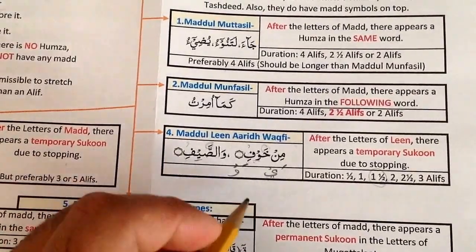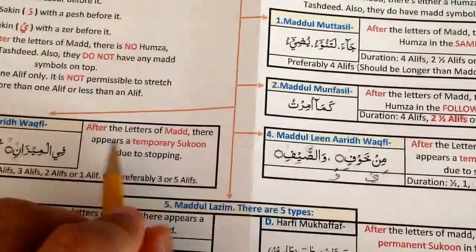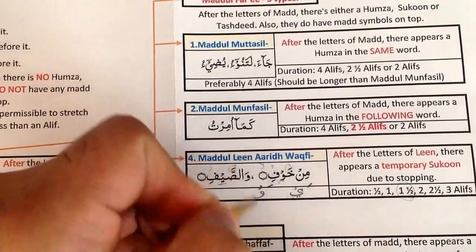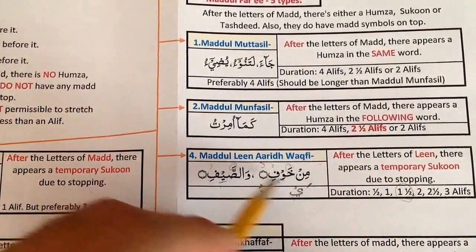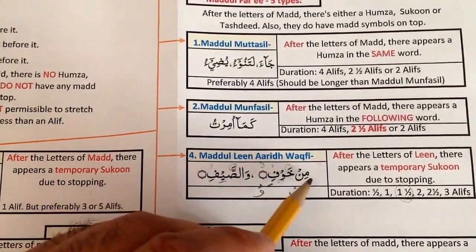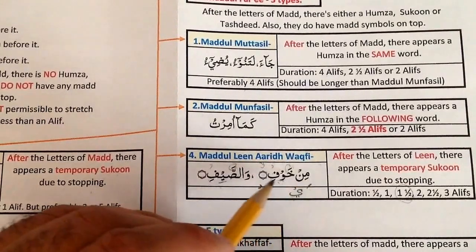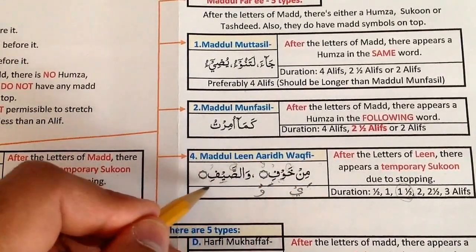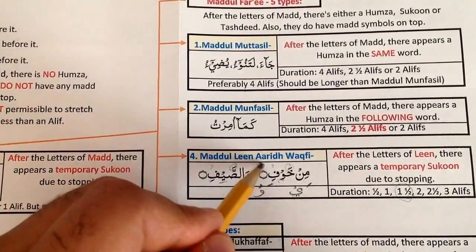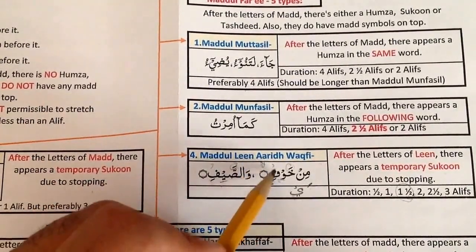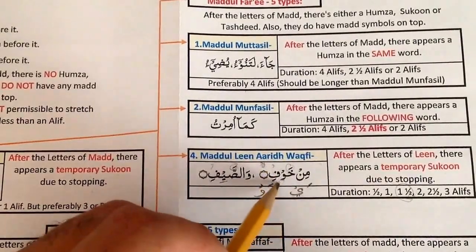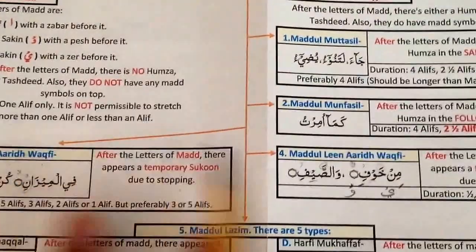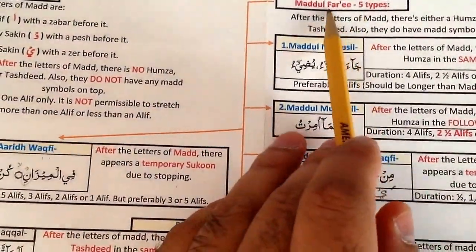Now, just like in the previous rule, if there was a lam alif on top, and I don't want to stop here, I'll be saying min khawfi or was-sayfi. But since there is no lam alif on top, I'll give it a temporary sakin. So min khawf, was-sayf.